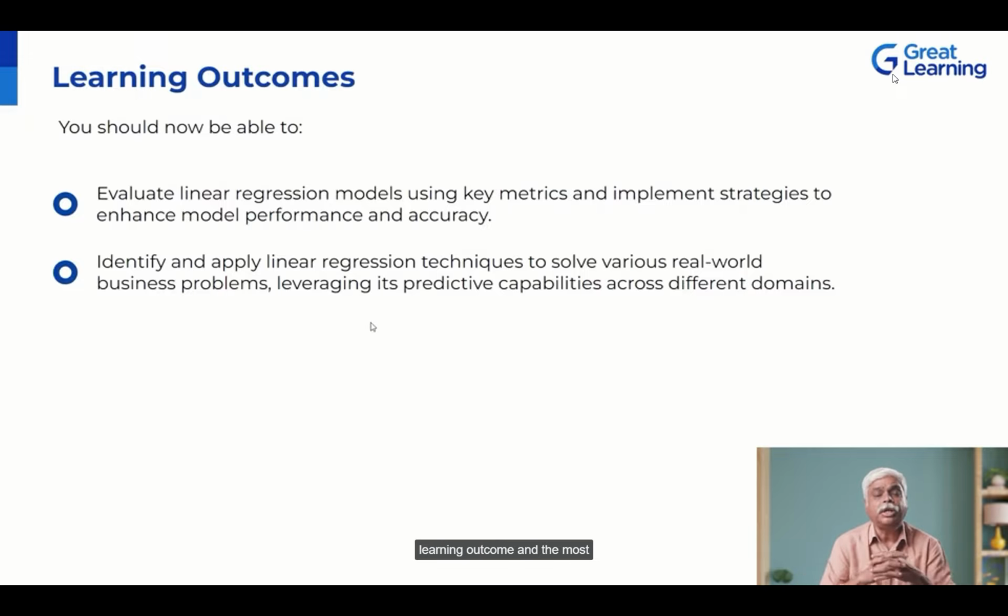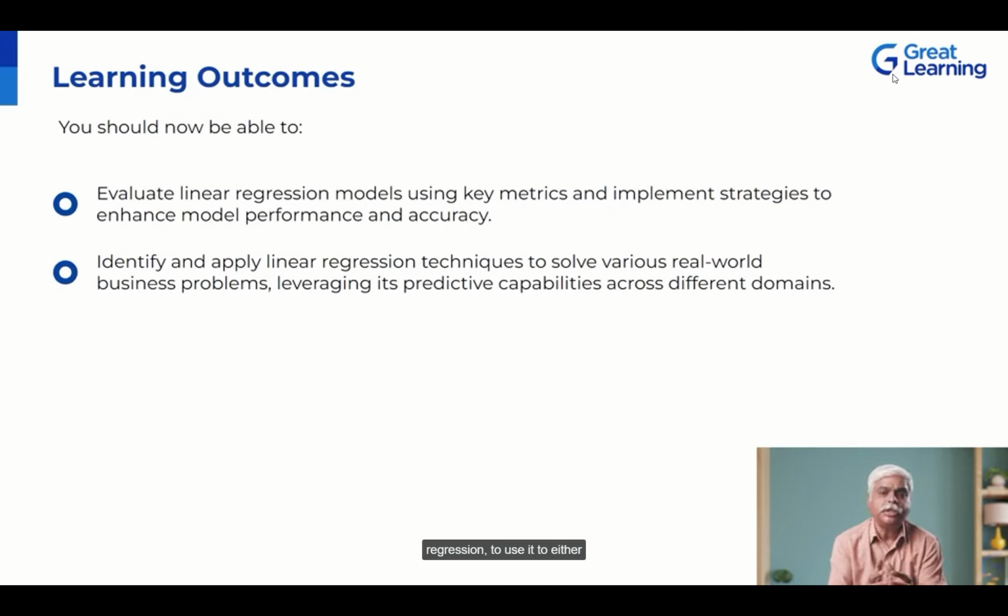the most important learning outcome and the most valuable thing that can emerge out of these sessions is your ability to identify a business problem as an application of linear regression. To say, this is my Y and these can be my corresponding X's. To deal with the data challenges that come correspondingly, and to be able to run a linear regression.